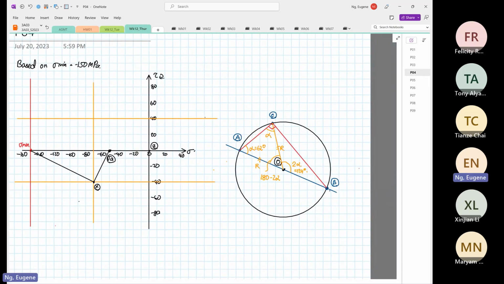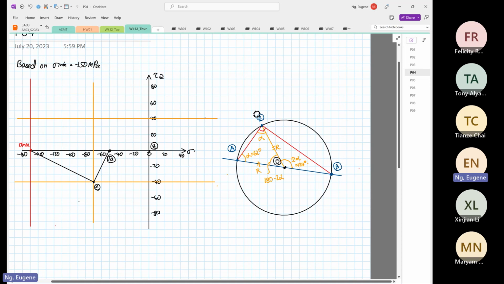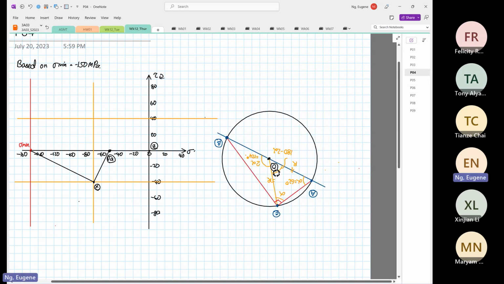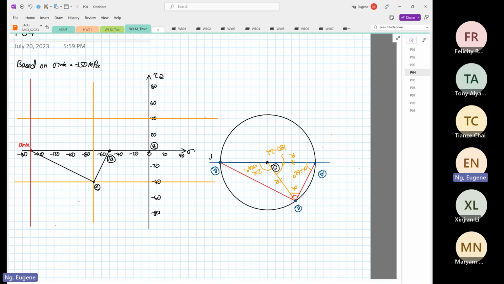I wonder, can I rotate this? And I wonder would it work. Hopefully it works, I'll rotate this. You see what's going on now. Oh, interesting. So this is my stress mean. This is my point X. And over here is my stress A. So that's what I'm doing.